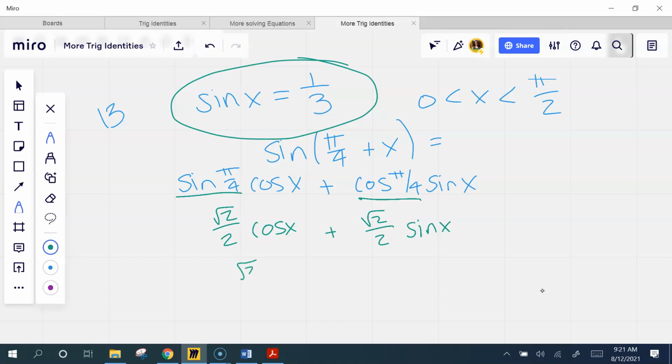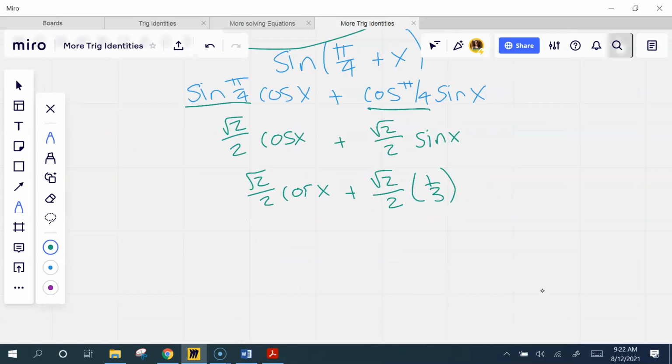What you flipping? All right, this is where I would expect you to get stuck. So you have square root of 2 over 2 cosine x plus square root of 2 over 6. And you go, oh, I can't do anything else, right?